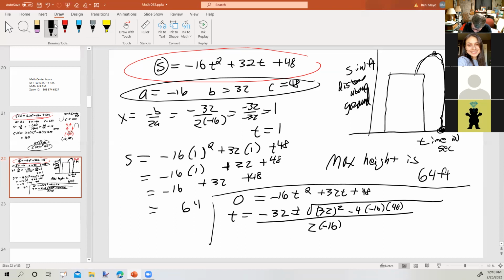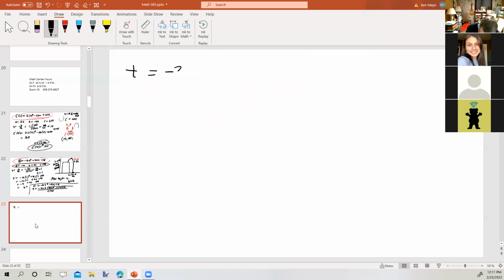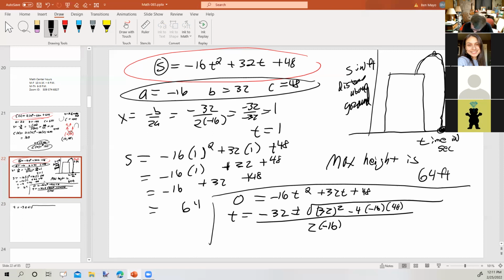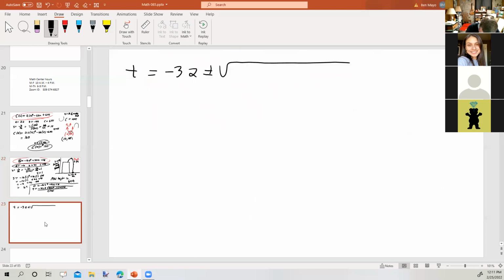-B plus or minus the square root of B squared minus 4AC. So that gives us T equals -32 plus or minus, let's see what 32 squared is. 32 squared is 1024.